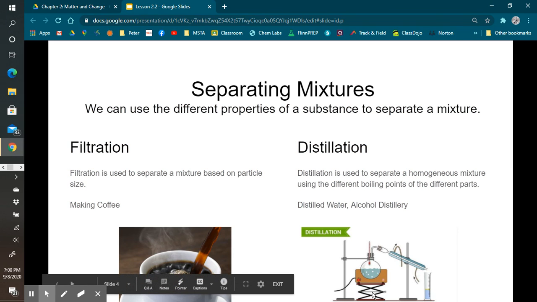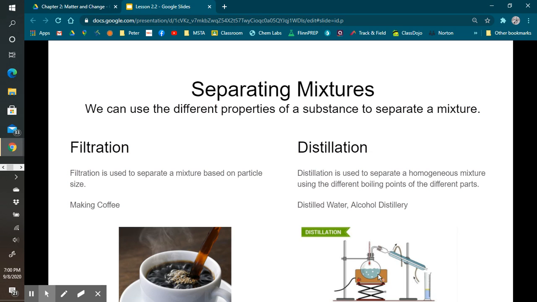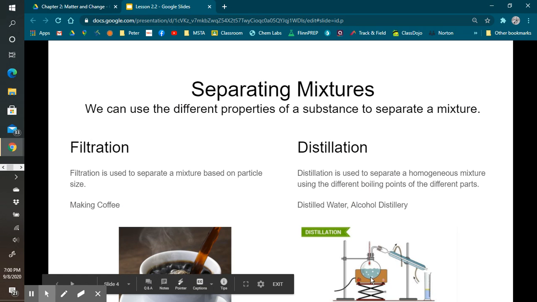So they will put the mixture into a flask like this, and they'll start heating it up. But they'll heat it at a temperature which is low enough that the water won't evaporate. Only the alcohol will evaporate, so that the alcohol will turn from a liquid to a gas and it will evaporate into this tube.